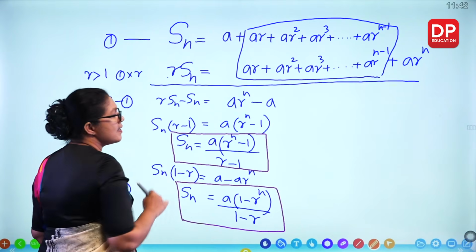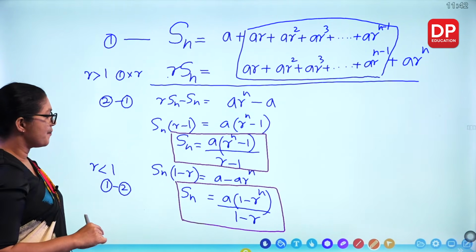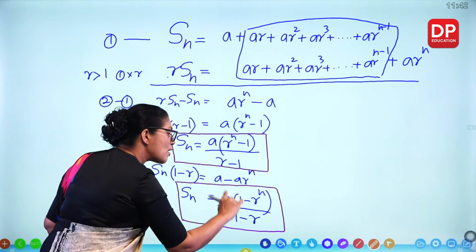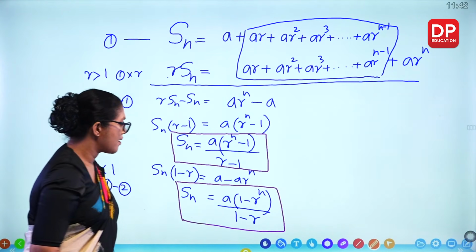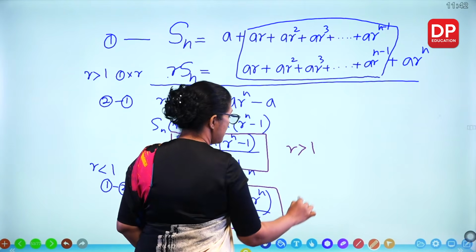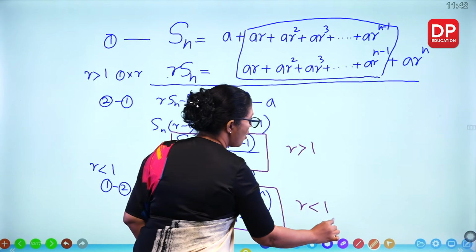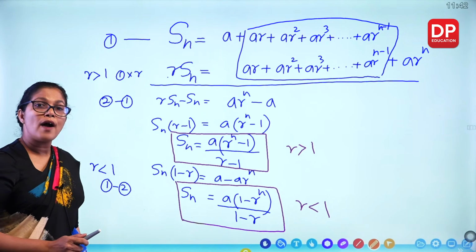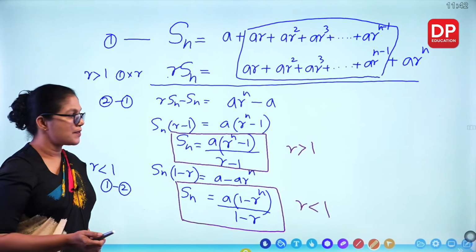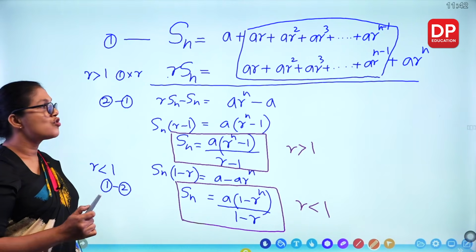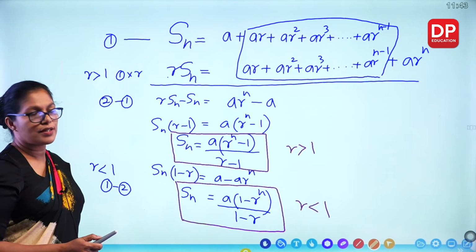But here only n is extra. Here if R is less than 1, you have to take 1 minus R. So this is for R greater than 1 and this is for less than 1. So if you're asked to find the sum of n terms, you need to use this formula for a geometric progression.